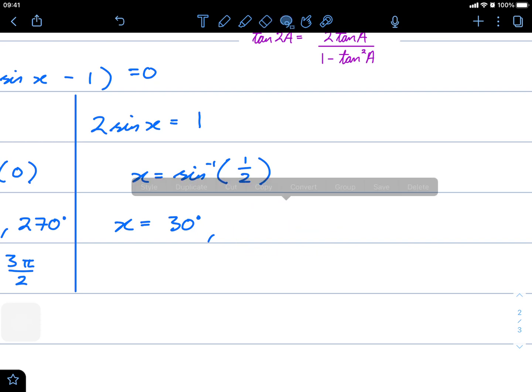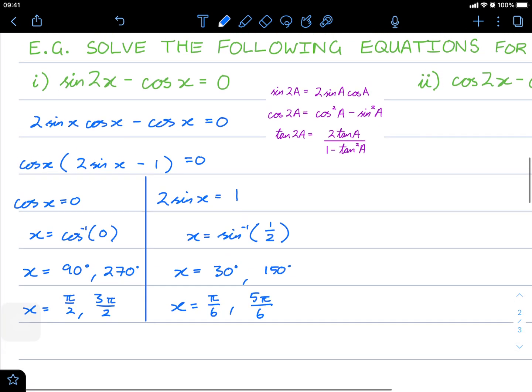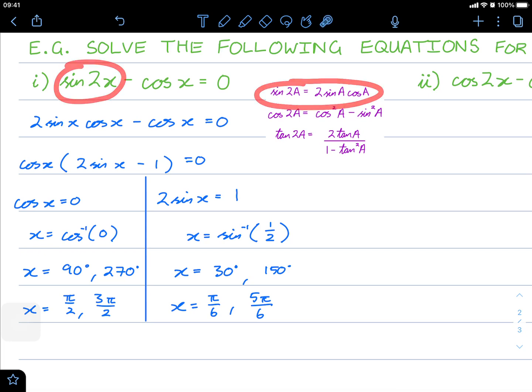That's nice and simple. It's going to be 150 degrees. Converting to radians, 30 divided by 180, we get pi on 6. And 150 divided by 180 should get 5 pi on 6. There's how we solve this trigonometric equation by using the double angle identity of sine.